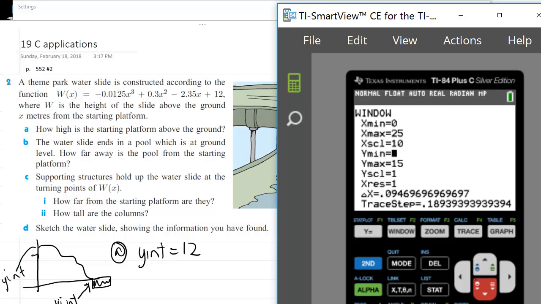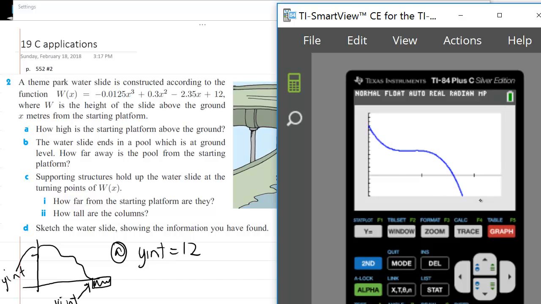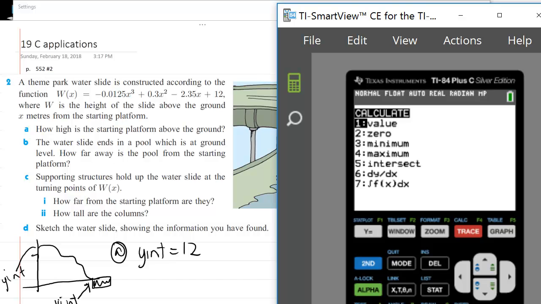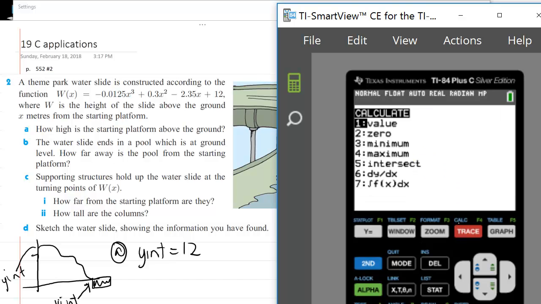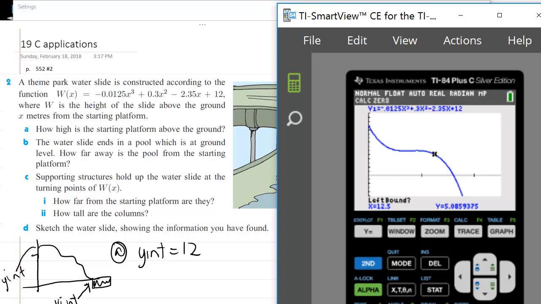So let's make my y min -5. There we go. All right, try again. Second calc, 0, left side of the curve, enter.